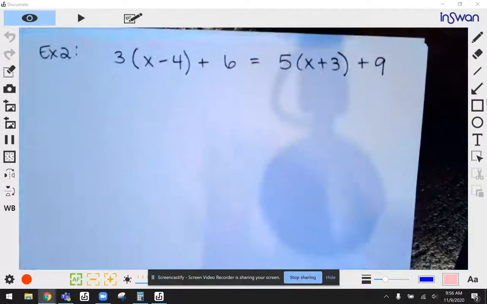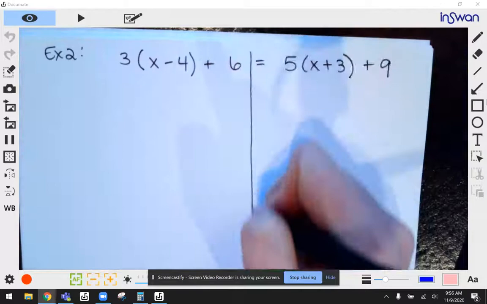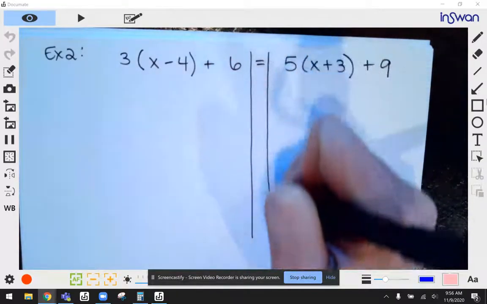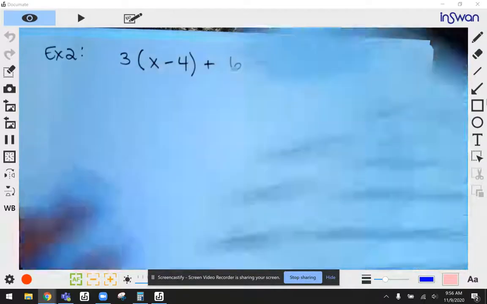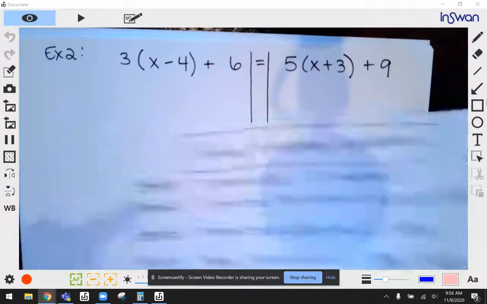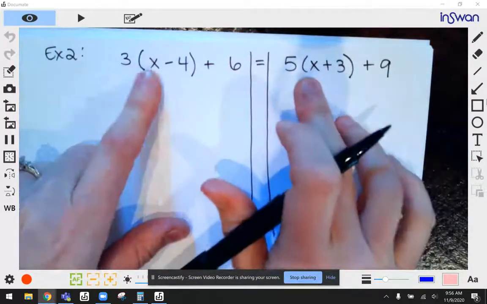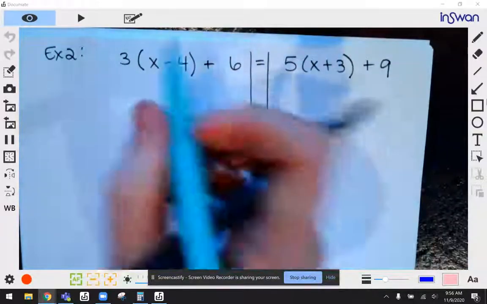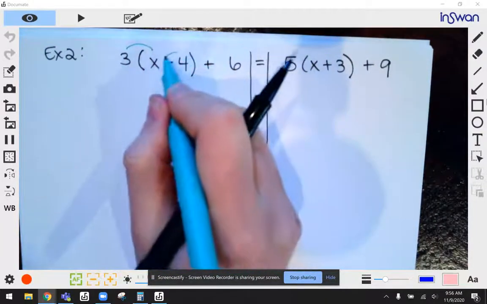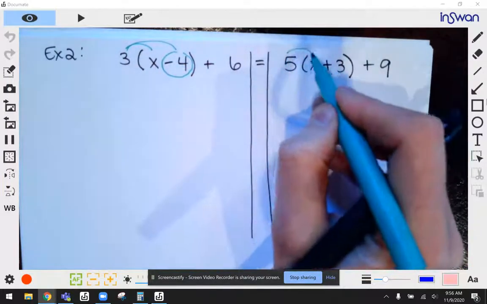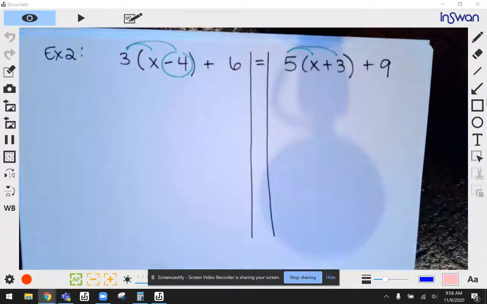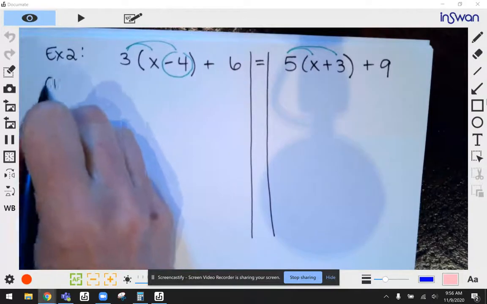Okay, so first thing, let's put our divider around our equal sign so we're very clear about our sides of the equation. Remember, step 1 is to distribute. So I see 2 sets of parentheses here, I'm going to distribute. Noticing that this is a negative 4, so I want to make sure I'm remembering that when I distribute. All those are positive. So step 1, let's distribute.